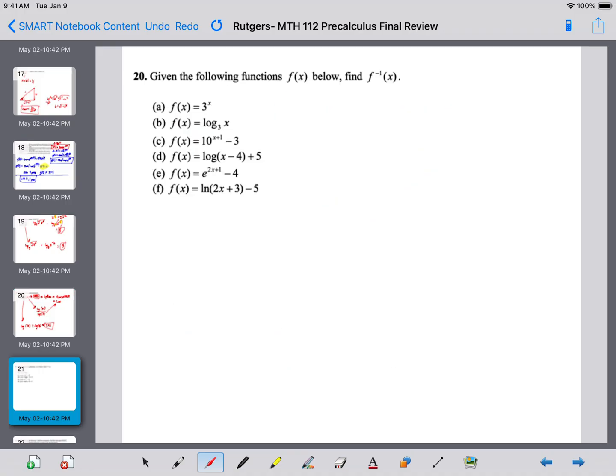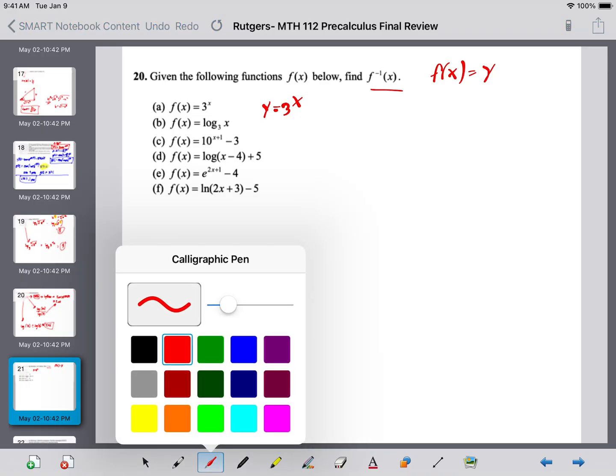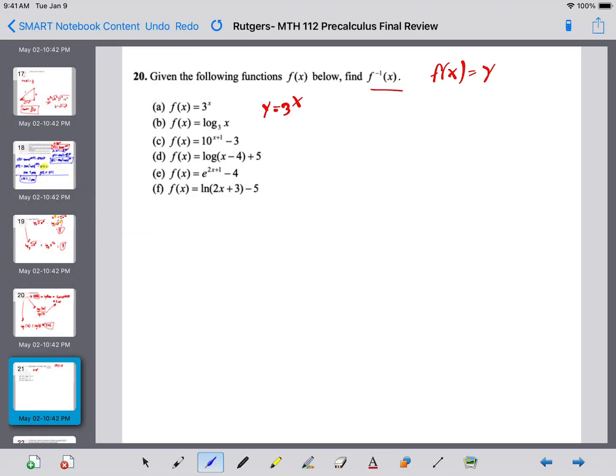Question 20. Find the inverse of these functions. Now, the first step to any inverse equation, you're going to switch your x and y. So I'm just going to define f of x as y. That way I could just replace it. And now, this is still my original function. I'm going to switch my x and y.